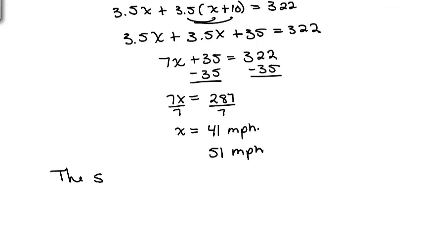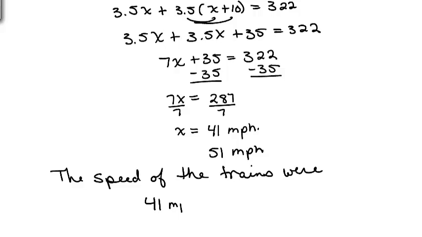So the speed of the trains were 41 miles per hour and 51 miles per hour.